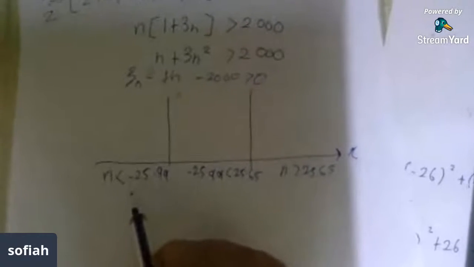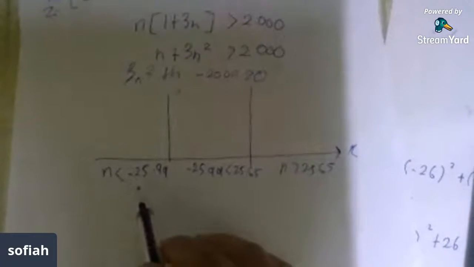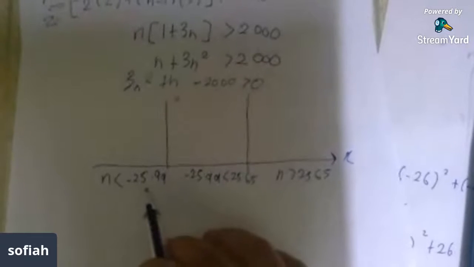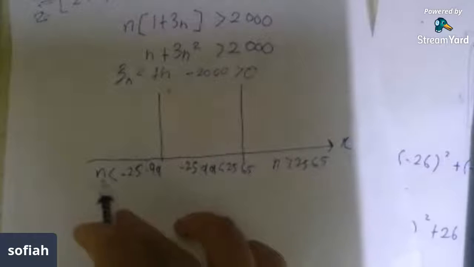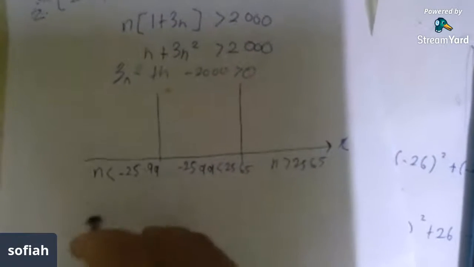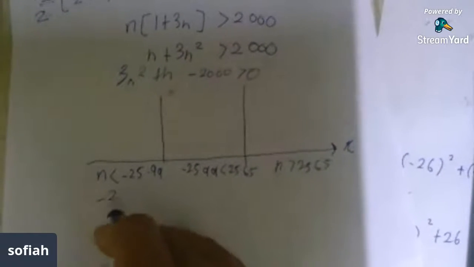So we will choose one test point to substitute into this formula. We will choose one point from this first. Let's say we choose negative 26.